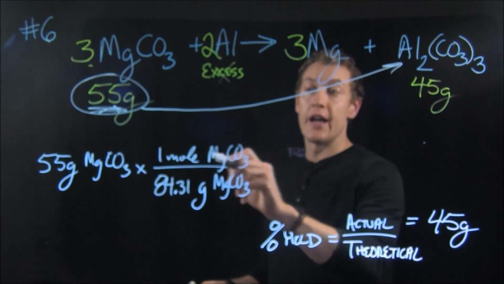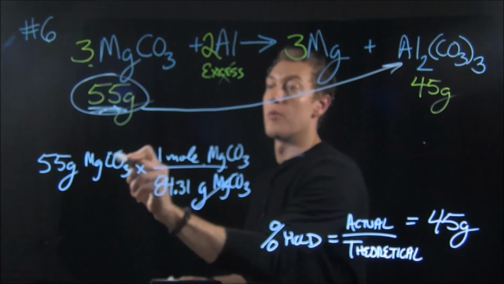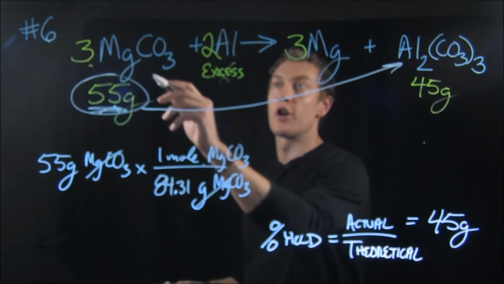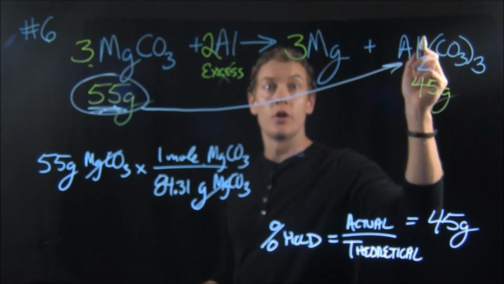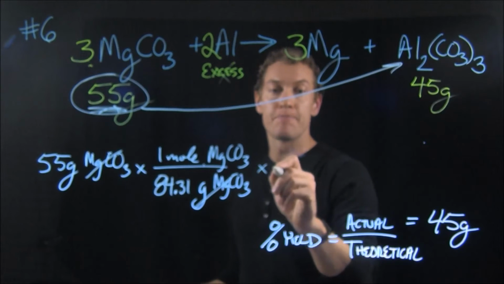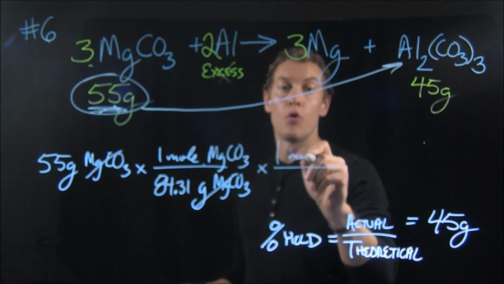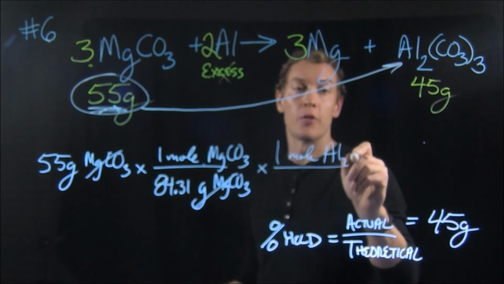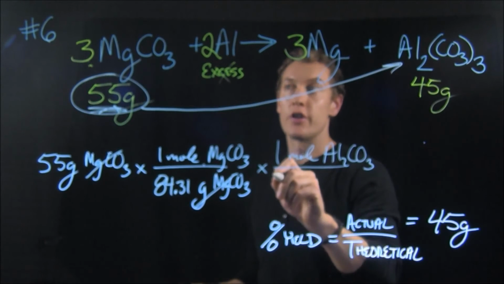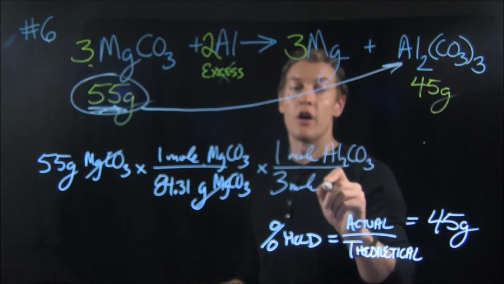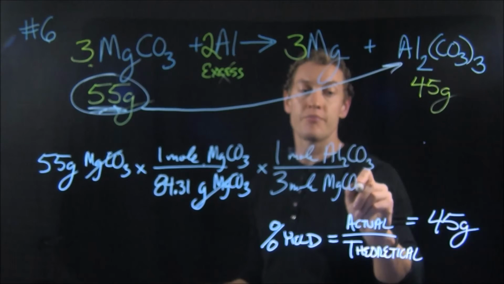Now that we have moles of magnesium carbonate, we'll convert that to moles of aluminum carbonate. It is 1 mole of aluminum carbonate for every 3 moles of magnesium carbonate.